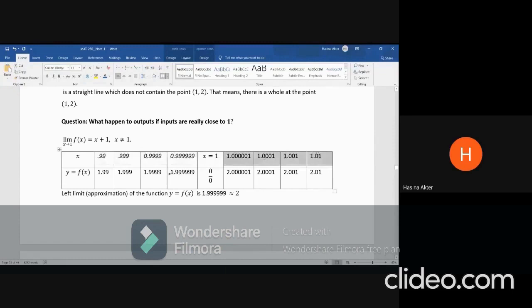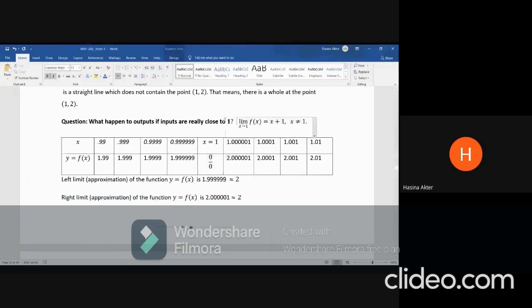So this is called the left approximation, and this is called the right approximation. And in our understanding, we approximate both of them by 2, right? 1.99999 is approximately 2. 2.000001 is approximately 2. Since the approximation from the left side and the approximation from the right side are equal, we say that the limit exists.